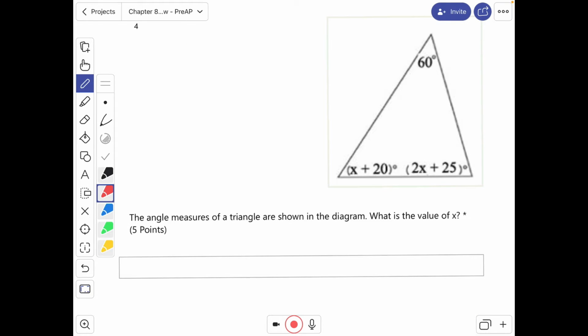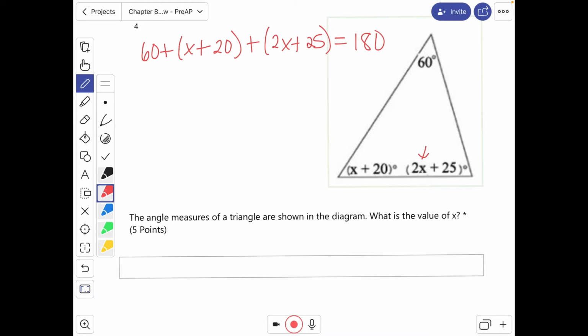Question 4 says the angle measures of a triangle are shown in the diagram. What is the value of x? We're not looking for the measurement of the angle, but rather just what's x. I know if I put all of those together, it should equal 180. So 60 plus x plus 20 plus 2x plus 25 will equal 180.